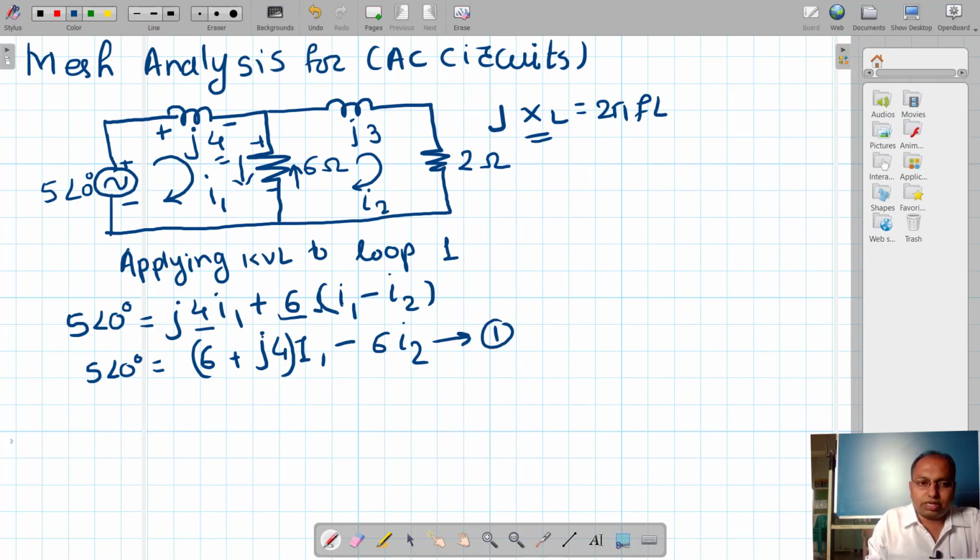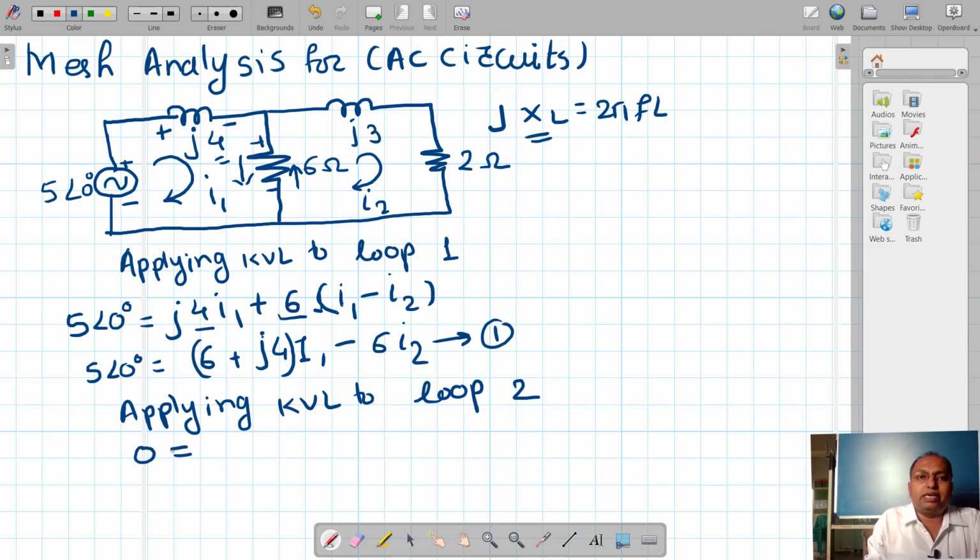Now let us go for the next, applying KVL to loop number 2. In loop number 2 there is no voltage source, so we write it directly as 0.